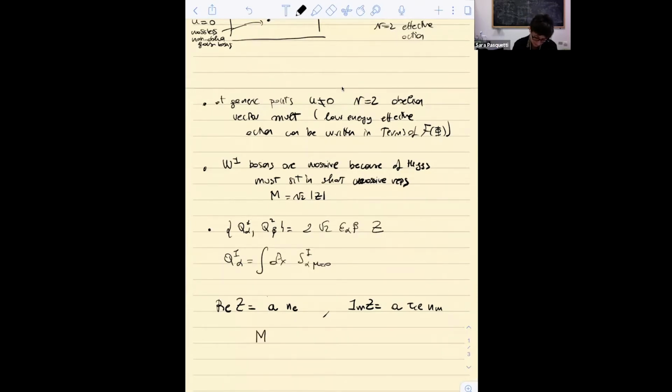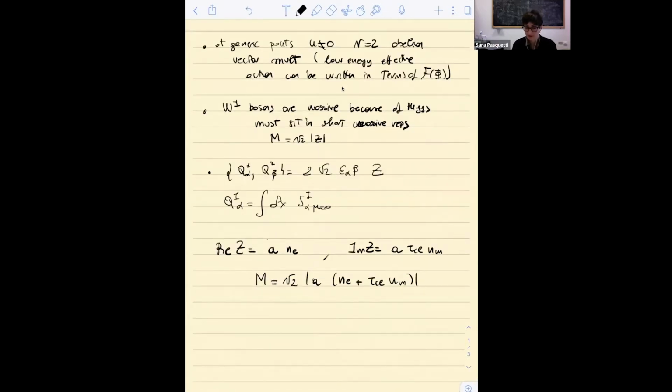So it means that if you have massive representations which satisfy this shortness condition, their mass is going to be given in terms of the central charge, that is in terms of their charges under electric and magnetic fields. In particular, we see that for the W boson, the electric charge is 1 and the magnetic charge is 0, and then it's consistent, and M is proportional to a, which is the Higgs mass, as we were expecting.